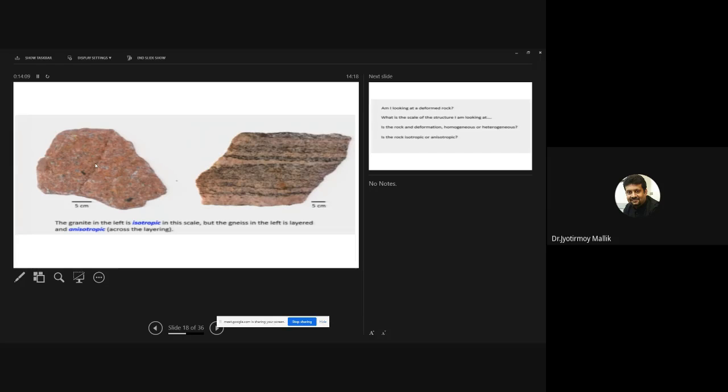If I take a single point and go 10 grains this way, 10 grains that way, everywhere I will be encountering more or less an equal number of quartz and potassium feldspar. So this is an inhomogeneous material, but more or less an isotropic material, simply because everything is kind of mixed up together.